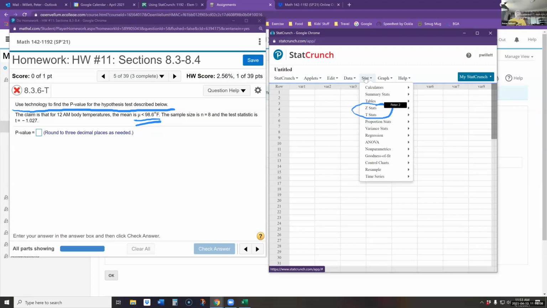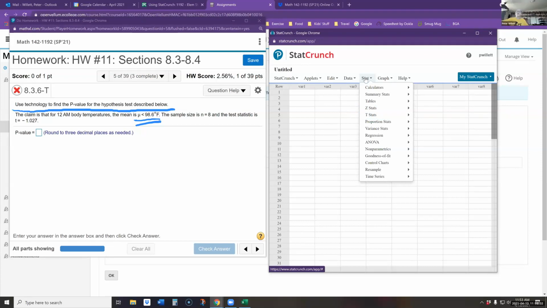And in this case, since they're telling us it's a test statistic, we're going to use t-stats if we're going to use a t-stats calculator. What's involved here is a t-distribution. Does that make sense? Yes. Okay, so this is definitely a t-distribution.